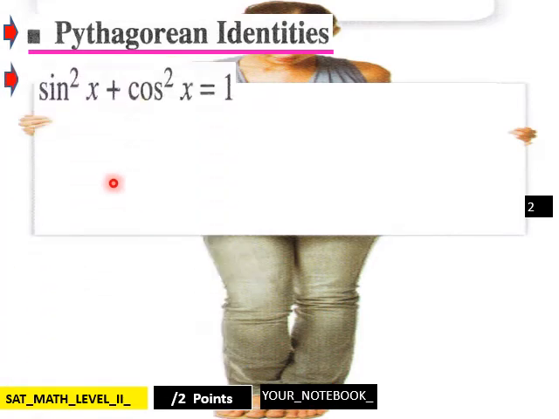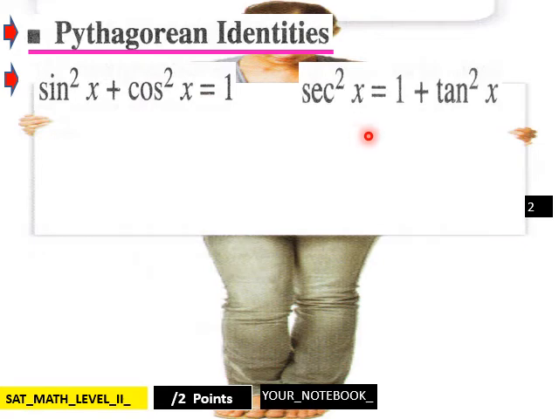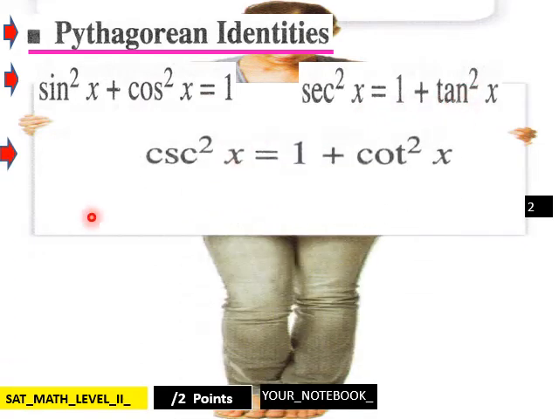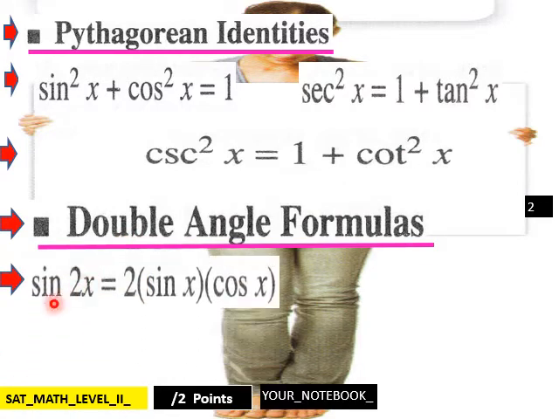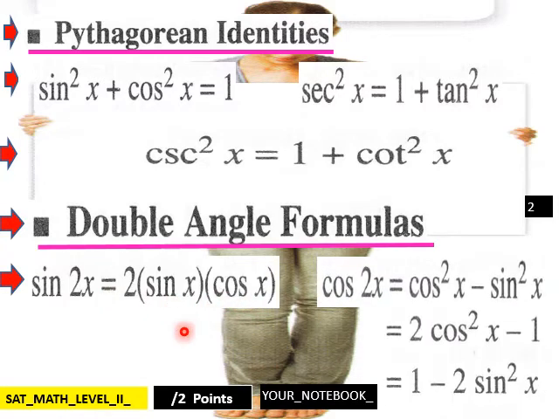Pythagorean identities. Sine squared x plus cosine squared x equals 1. Secant squared x equals 1 plus tan squared x. Cosecant squared x equals 1 plus cotan squared x. Then double angle formulas. Sine 2x equals 2 times sine x cosine x.